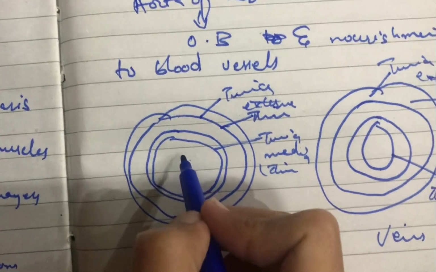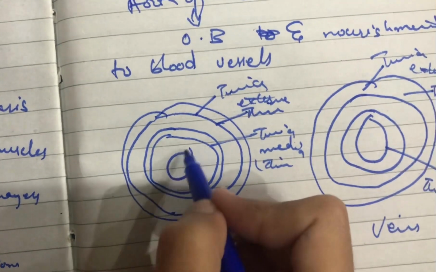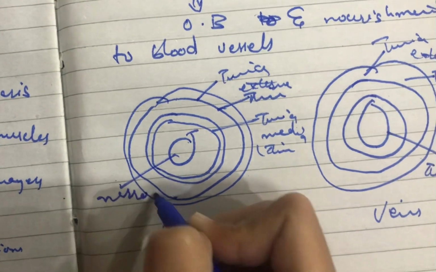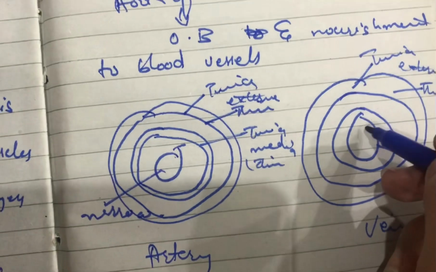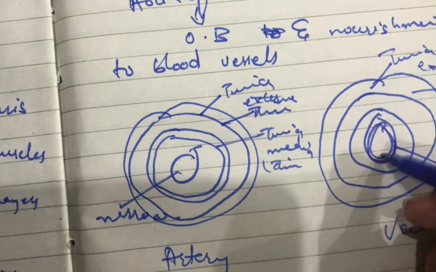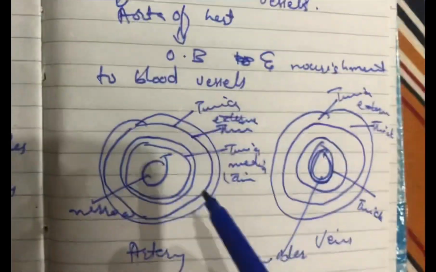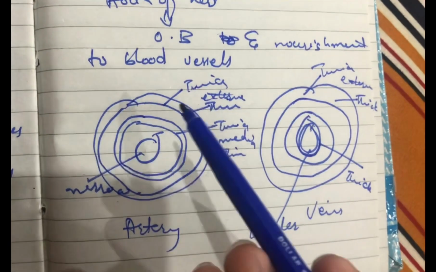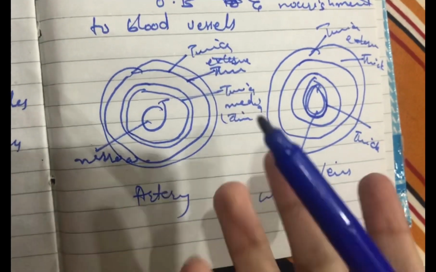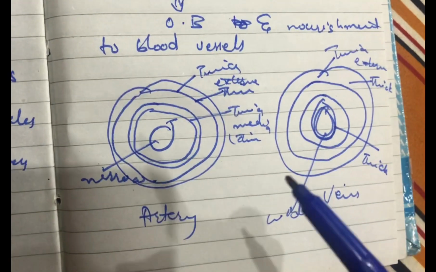And here it is the endothelium, which is narrow, and here endothelium, which is wider. So if I talk about the difference about this layer, there is not as much detail, so I have told you some points of these layers.